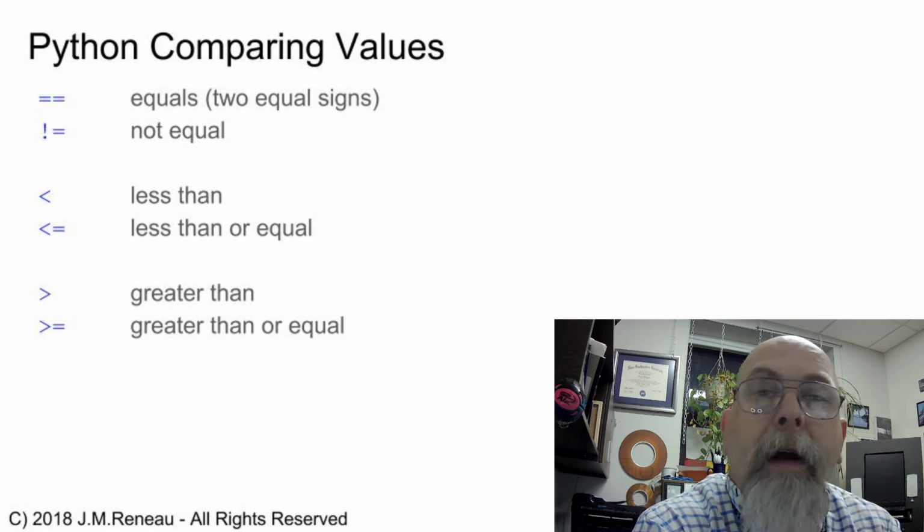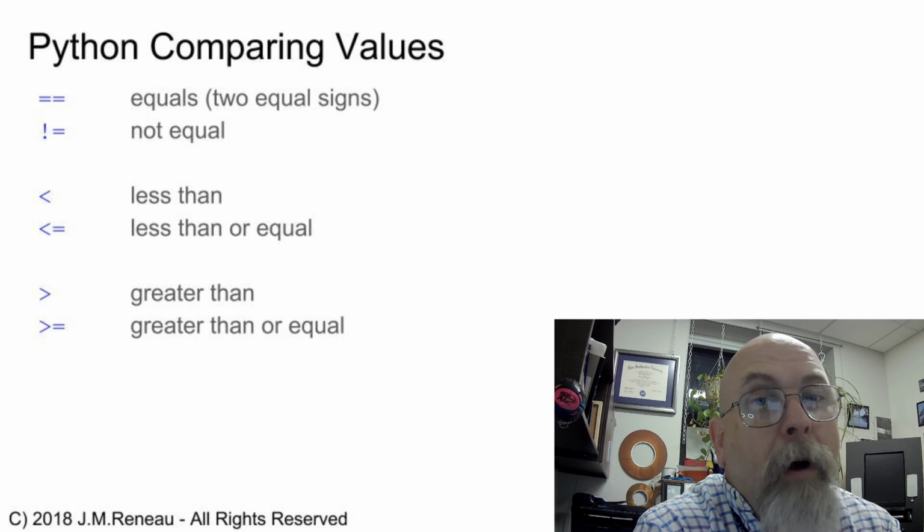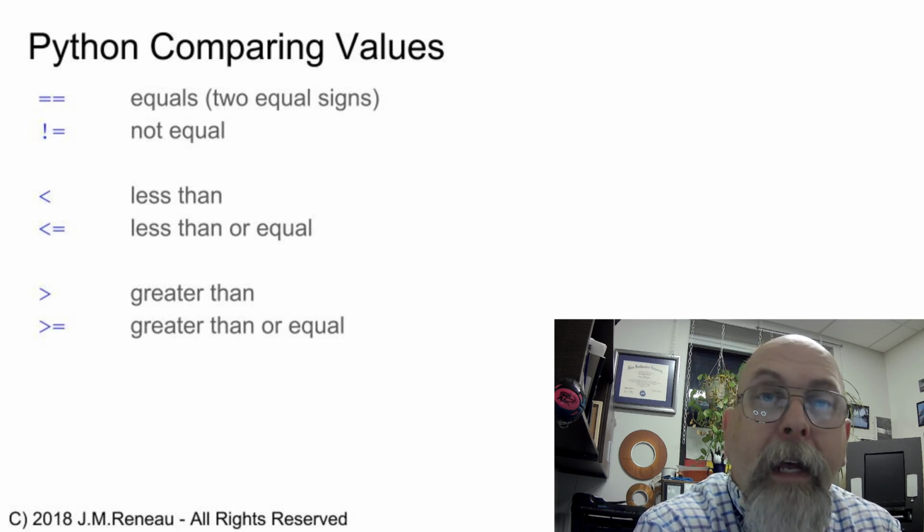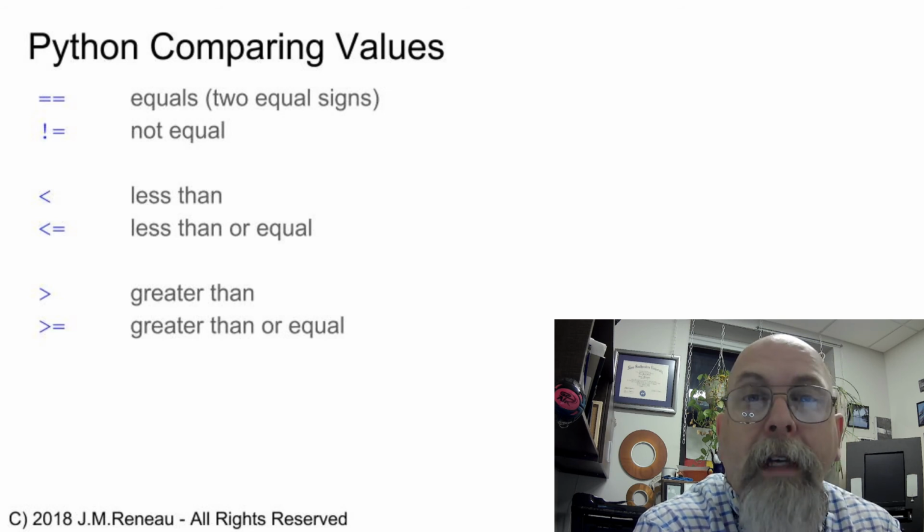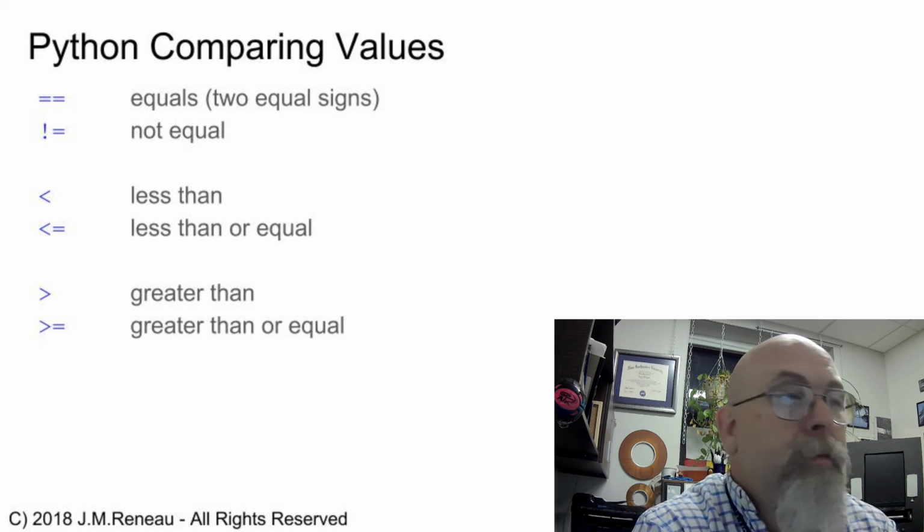The first two comparison operators are equal equal and exclamation point equal. Equal equal tests equality, and exclamation point equal tests inequality, or not equal. Less than and less than or equal test less than or less than or equal, and the greater than sign and greater than sign followed by an equal test values for greater than or equal.